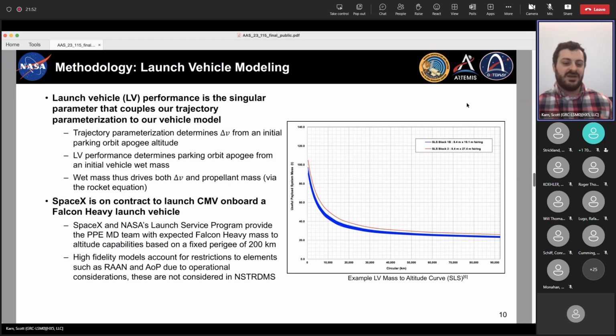One of which is tied to our apogee or our parking orbit. Things like AOP and RAAN and the alignment of our initial parking orbit do have an effect on mission feasibility, but we ignore all that and we just take a look at what our altitude is so that we can get this delta V parameterization. But I'll talk a little bit more about limitations at the end of the presentation.